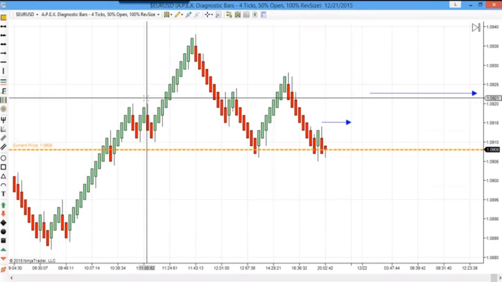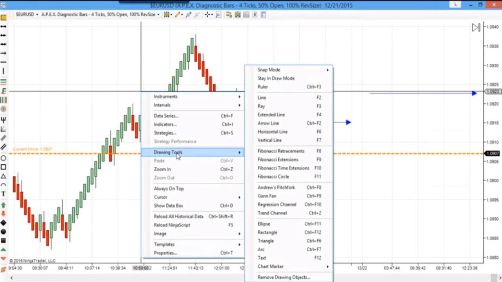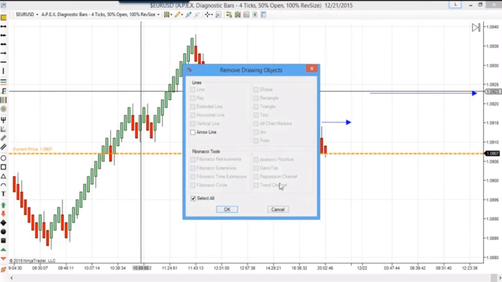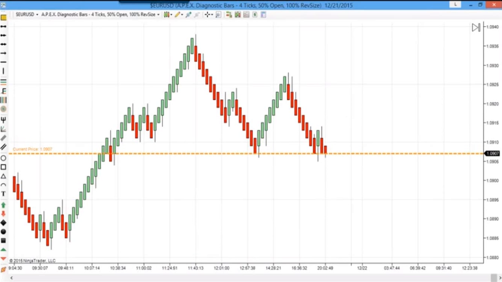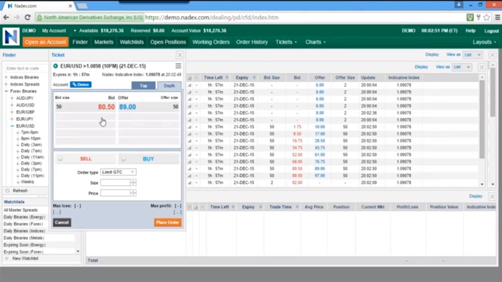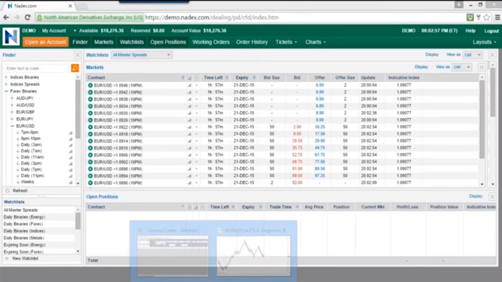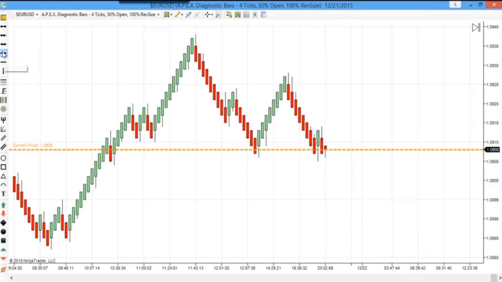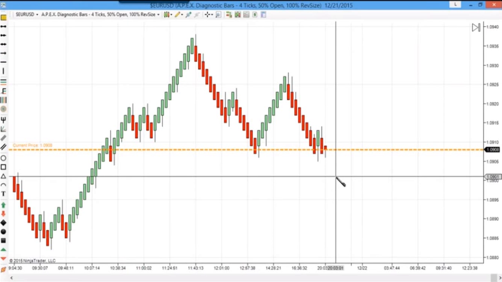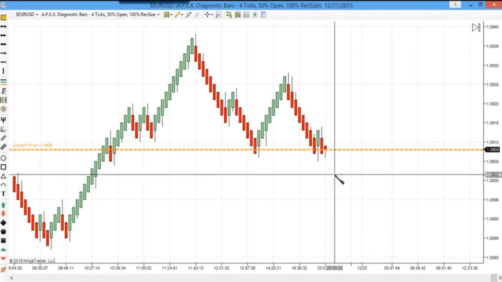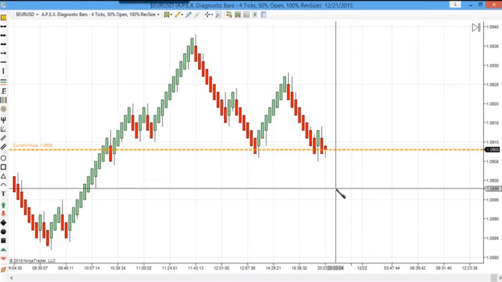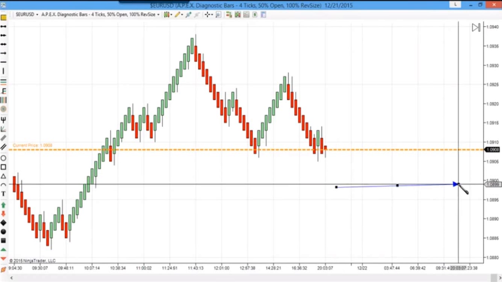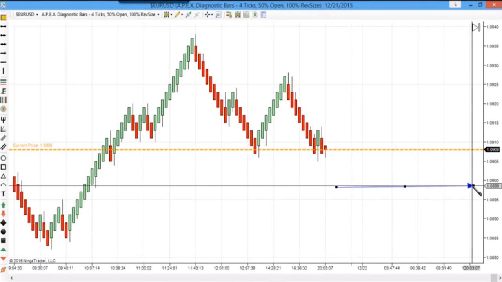Let me just clear everything off of here. Okay, so this contract says what? The euro dollar be greater than 0.898. Well, let's look at a euro dollar chart and find 0.898.